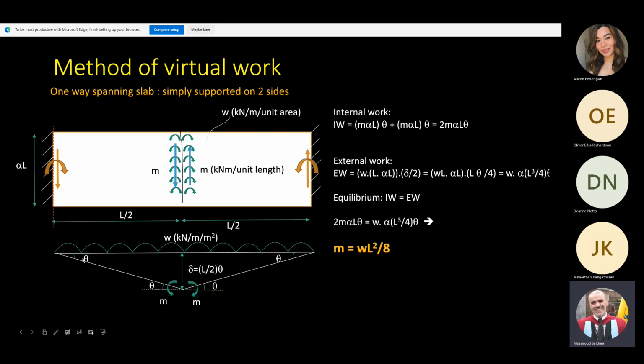If this was a beam with the UDL W and length L, the maximum moment in the middle will be WL squared over 8. The only difference here is that your moment is kilonewton meter per meter, and your UDL is kilonewton per meter per meter. Otherwise, you get exactly the same expression if you take a strip of your slab as a beam.